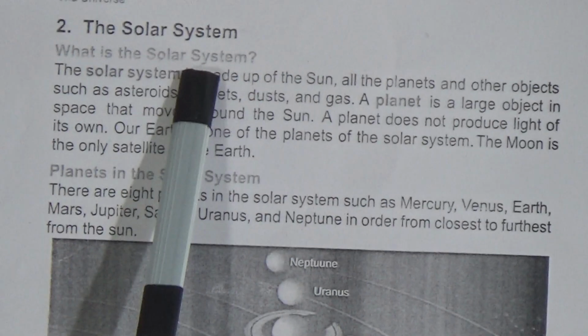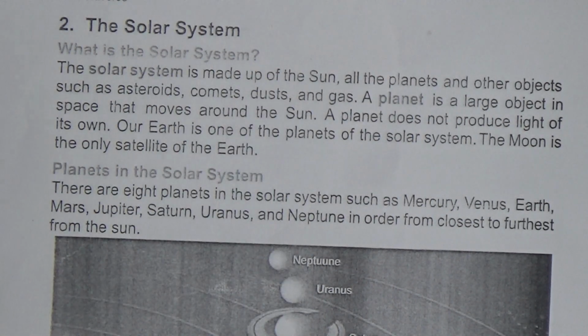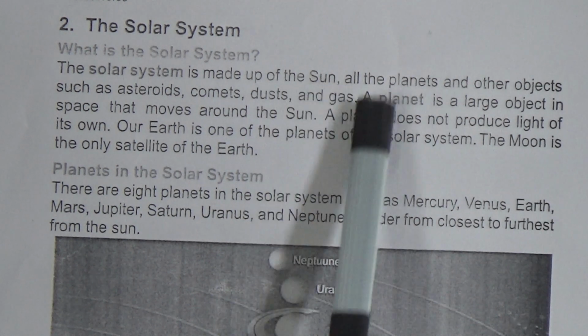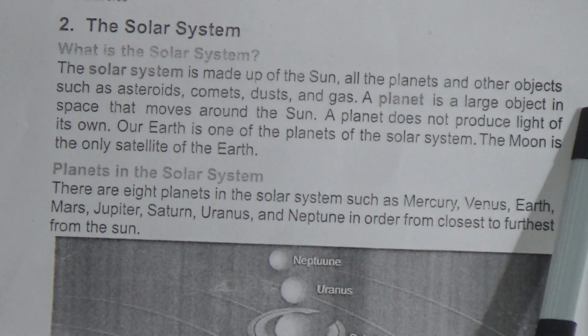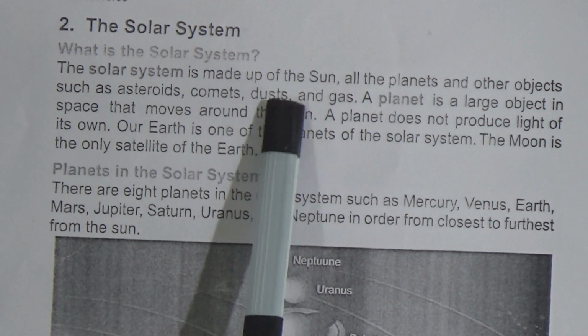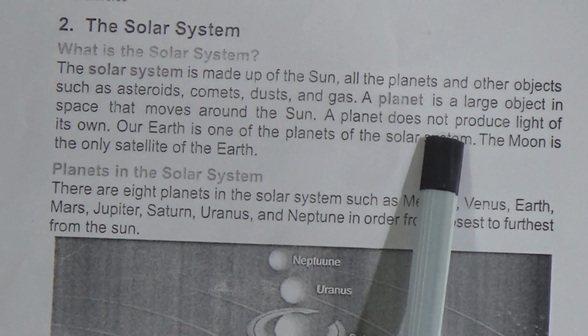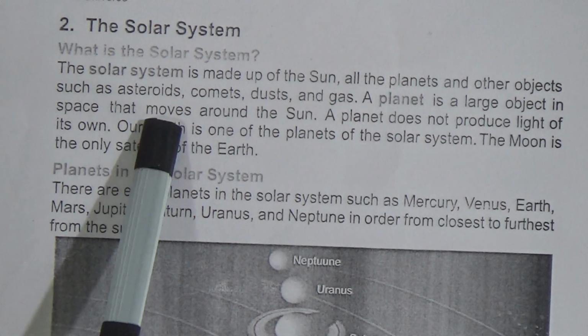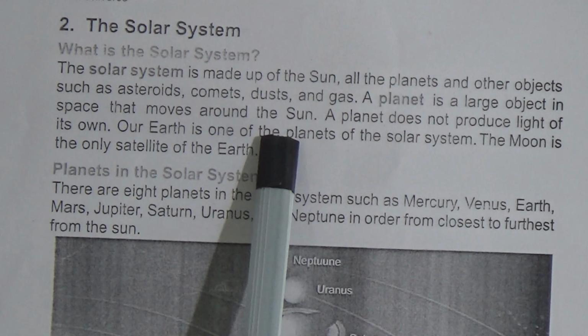Now come to here, this page 58, the solar system. What is the solar system? The solar system is made up of the sun, all the planets and other objects such as asteroids, comets, dust and gas. A planet is a large object in space that moves around the sun.